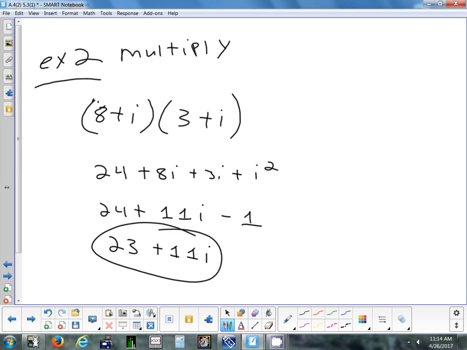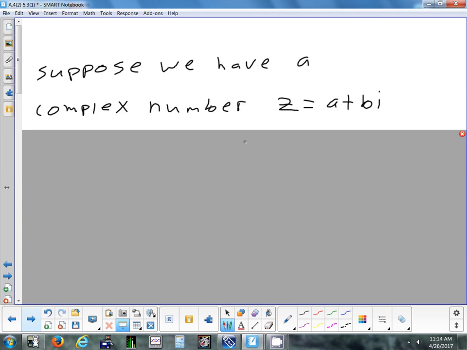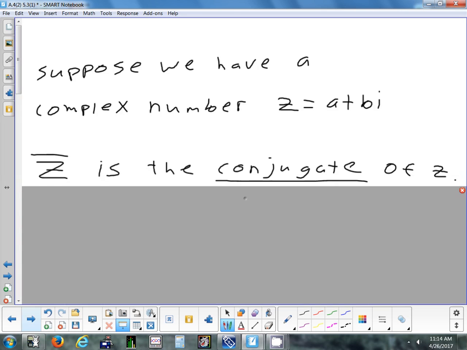All right. So the next thing we want to look at is how we divide two complex numbers. But in order to do division, you have to use something called a conjugate. So let's suppose that I have a complex number. I'm going to call it z. And that complex number has a real and imaginary part. The real part is a, the imaginary part is b.